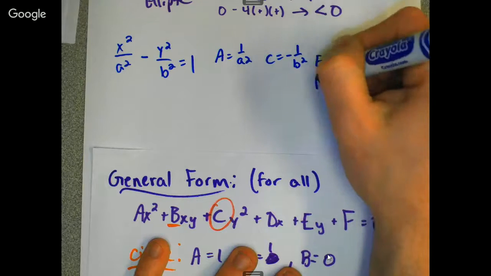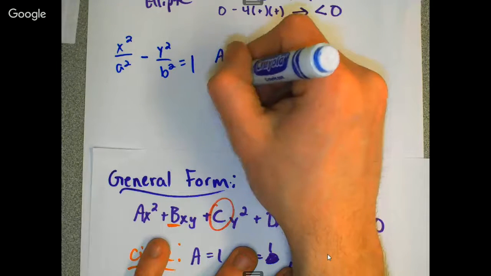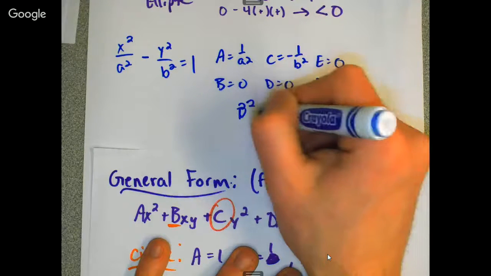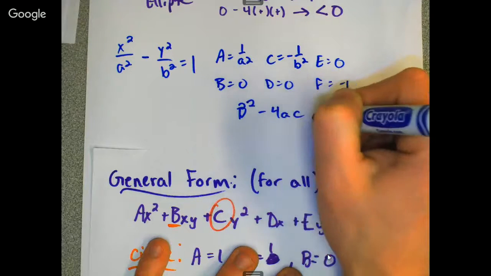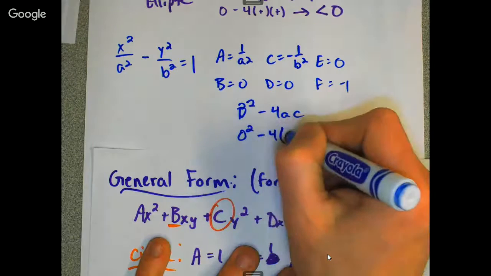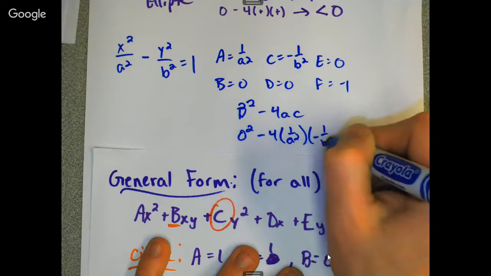Everything else stays the same. So you still want b squared minus 4ac. Okay, so that's 0 squared minus 4, 1 over a squared, and negative 1 over b squared.